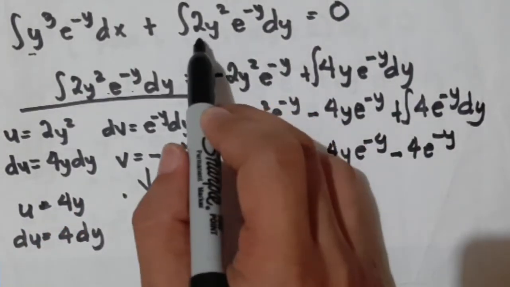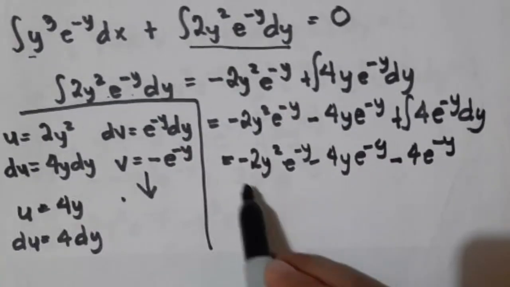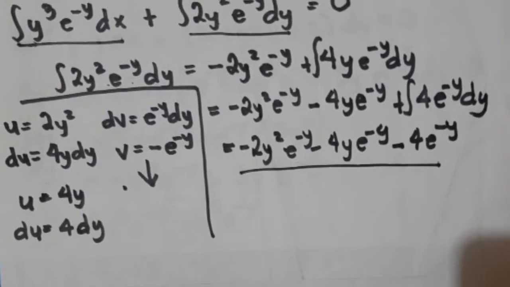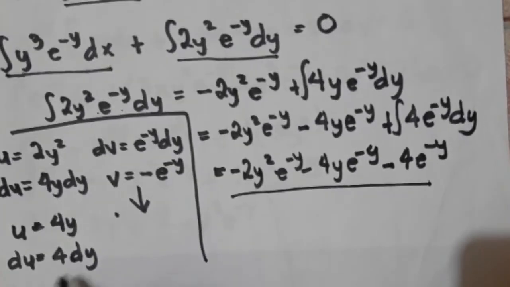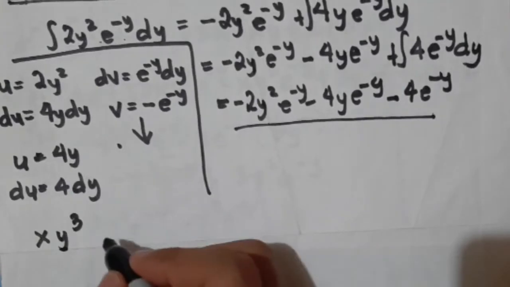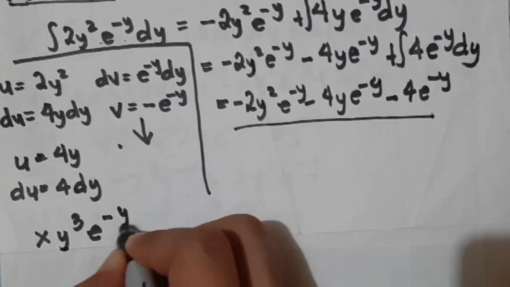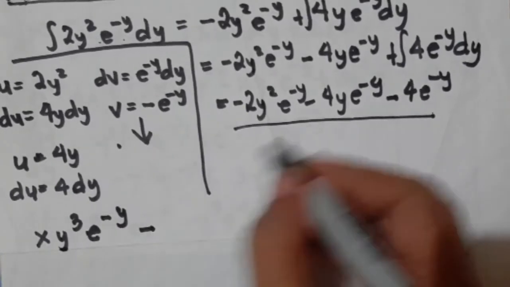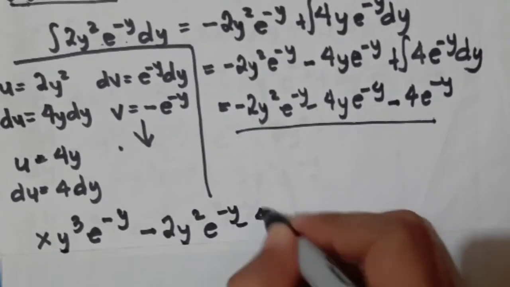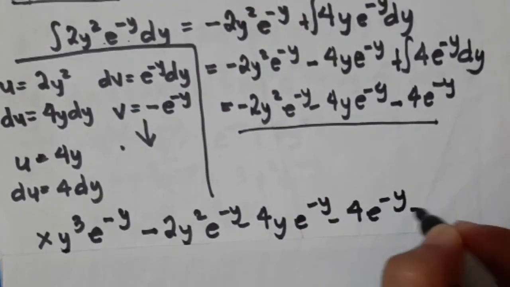We'll substitute this to our integral in this term. So what's the integral of y cubed e negative y dx? That is x y cubed e negative y minus, just copy this, 2y squared e negative y minus 4y e negative y minus 4e negative y, which is equivalent to c.